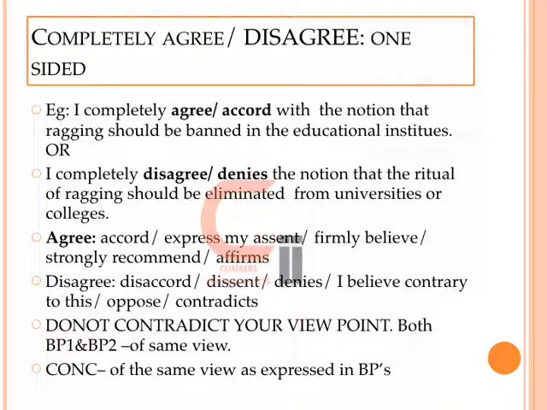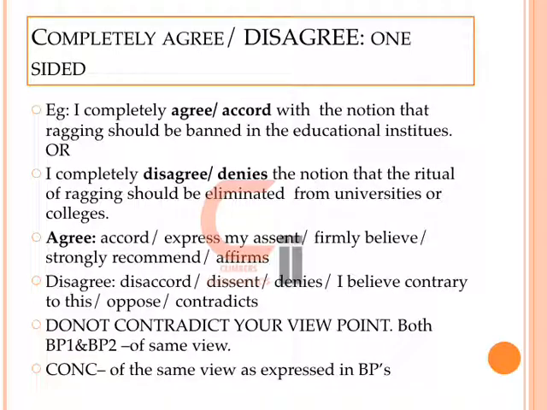Or I completely disagree or deny the notion that the ritual of ragging should be eliminated from universities or colleges. Now these are the synonyms you can use instead of agree, like accord, I fully express my assent, I firmly believe that, I strongly recommend that, I affirm that. So these are the synonyms that you can use instead of agree or disagree, which are given in the slide.